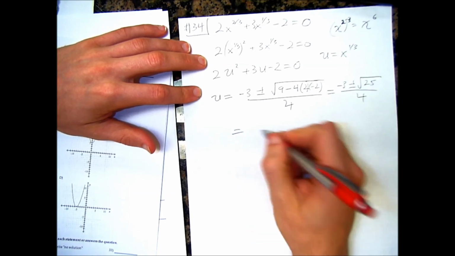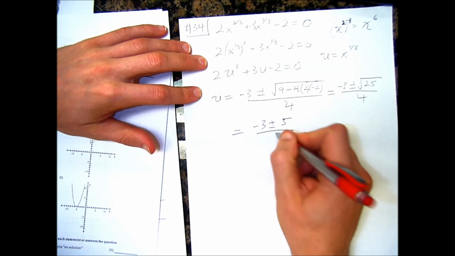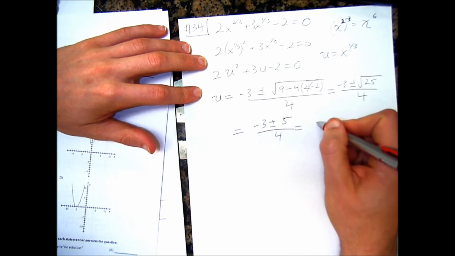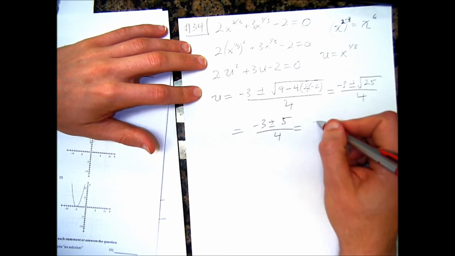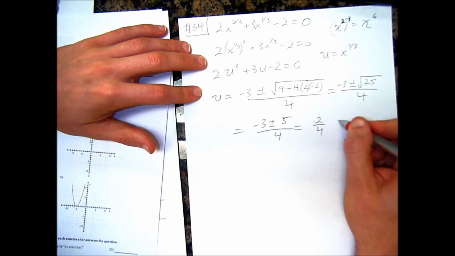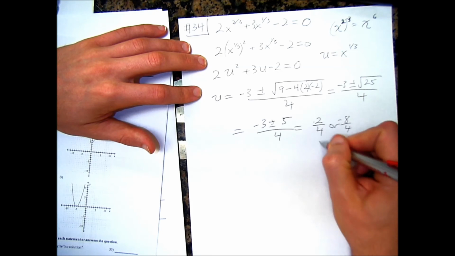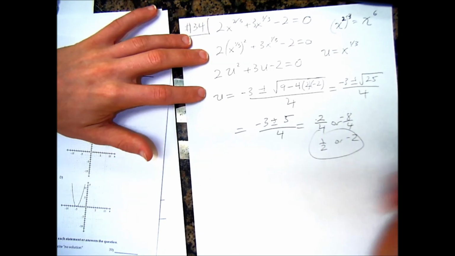There was probably a way to factor this, but I didn't feel like thinking about it. All over 4. So this is -3 plus 5 is going to be 2 over 4, and the -3 minus 5 is -8 over 4. So this is 1/2 or -2. Those are my two options for u.